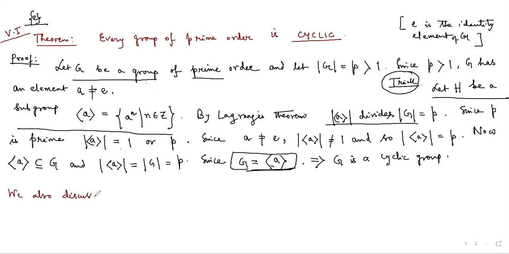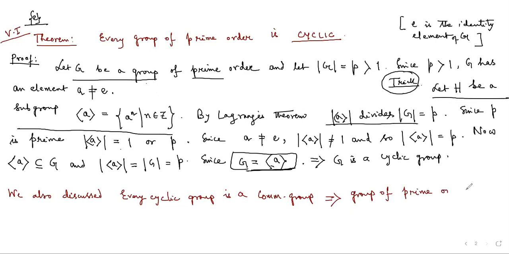Therefore this implies that a group of prime order is always commutative. So remember, these results are very important to study groups and their cyclic property.